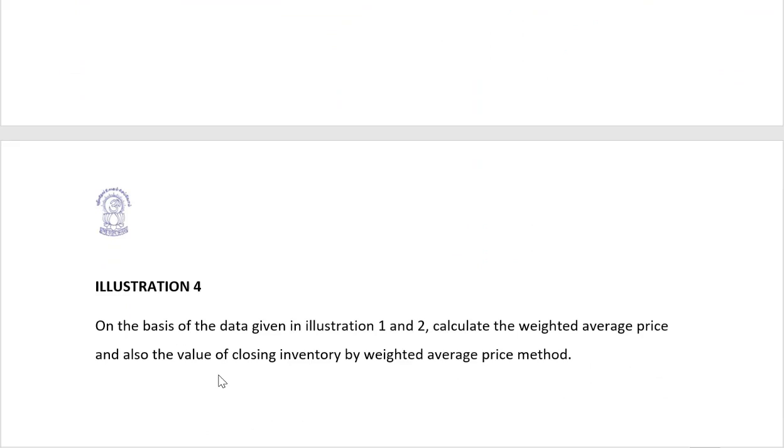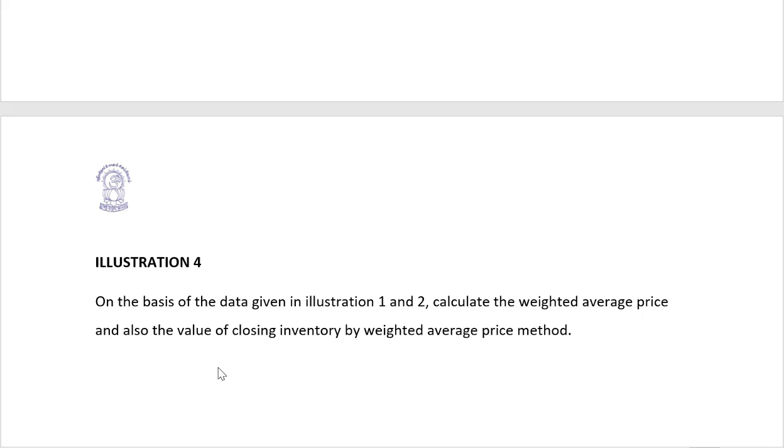Let us continue and see illustration 4. On the basis of data given in illustration 1 and 2, calculate the weighted average price, and also the value of closing inventory, by weighted average price method.